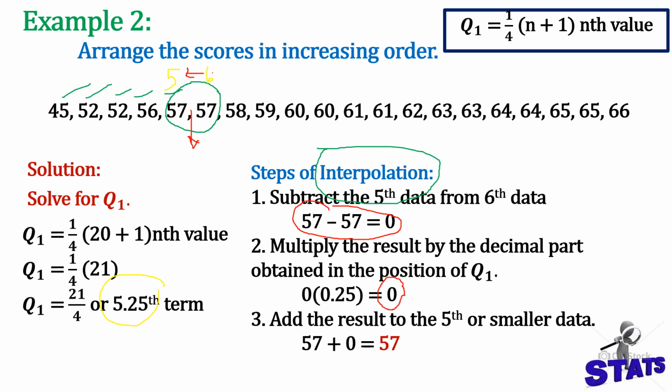Ito na yung result sa pag-i-interpolate. So, i-add natin yung result sa smaller data. Ito po yung 57 na nauna. So, 57 na nauna plus yung 0, that is 57. Okay? Pareho pa din. Nagkataon na, same po sila. But still, we do the interpolation. So, yan po ang general procedure. So, again, based on this, ang ating Q1 class ay 57. Eksakto po yan. Okay? So, 57 yung ating Q1.